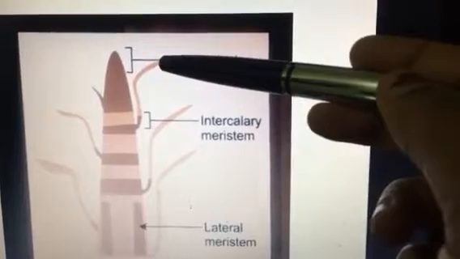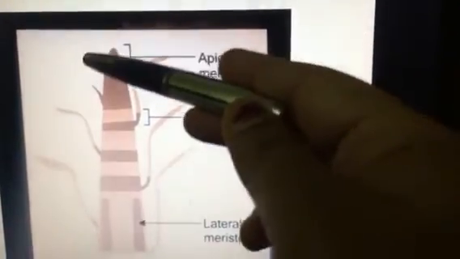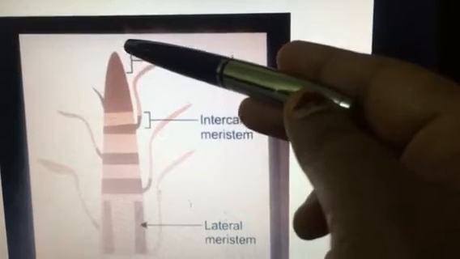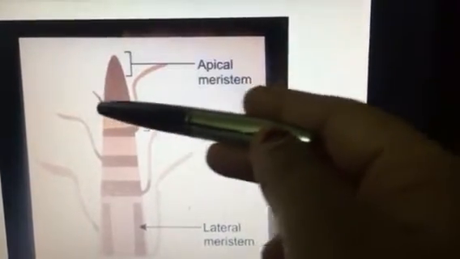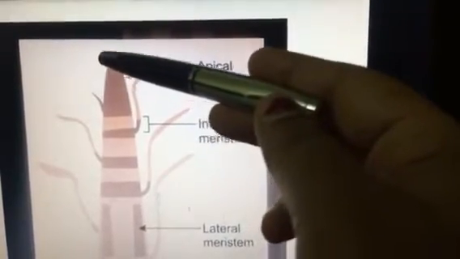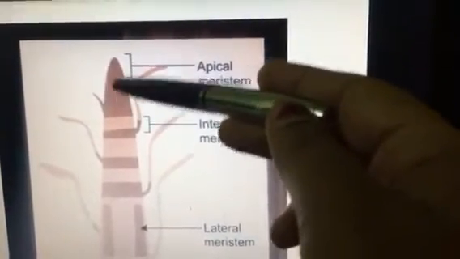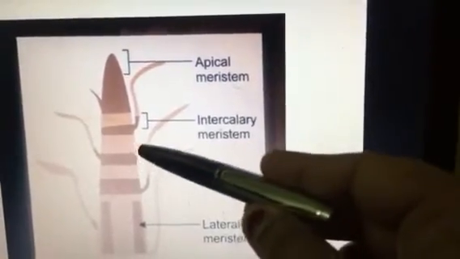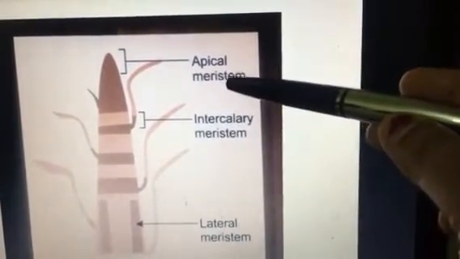Have you ever noticed if any plant loses this tip, if by chance this tip is broken accidentally or intentionally, the plant stops growing in height. Most of the time, the plant fails to grow at this point, and these apical meristems are not just here, they are present even in the tips of lateral branches.